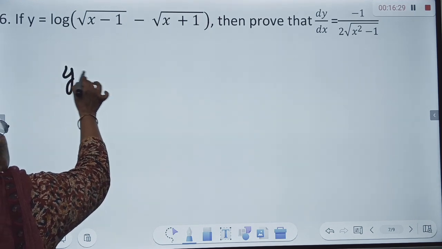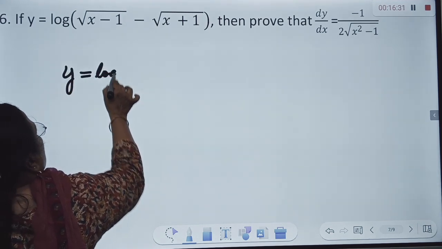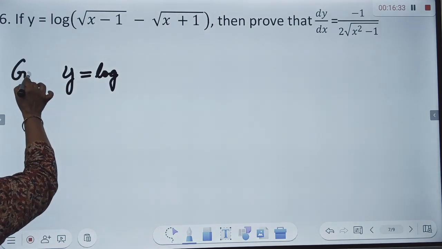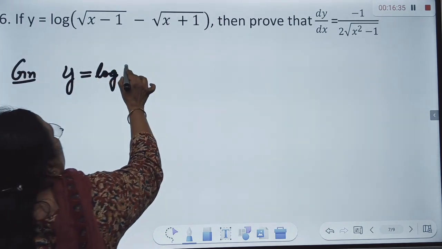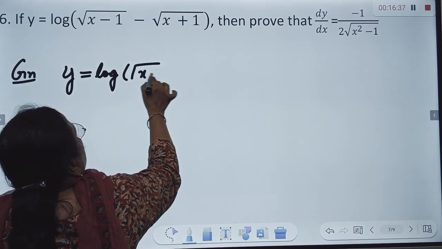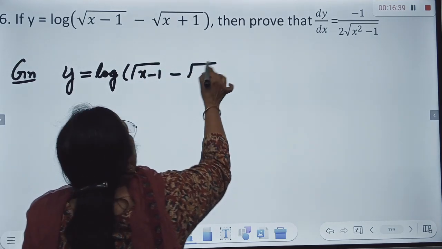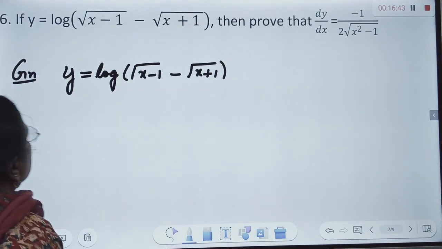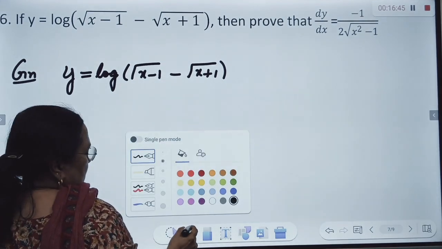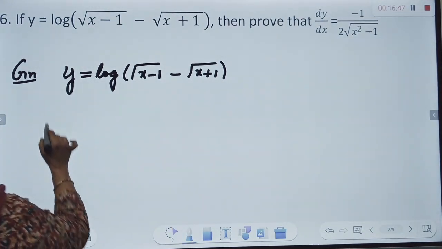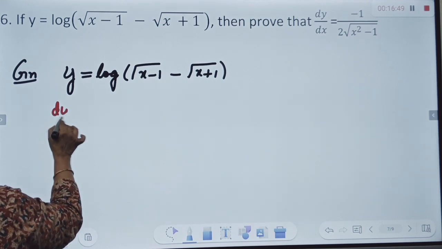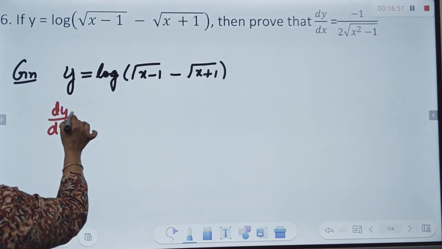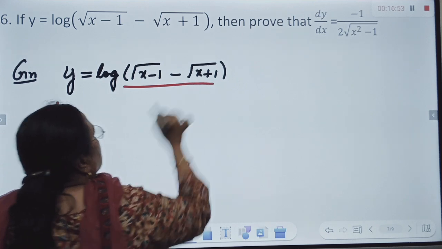Now you have y equal to log of root of x minus 1 minus root of x plus 1. You have to find dy by dx. Now dy by dx is again of the form log x.